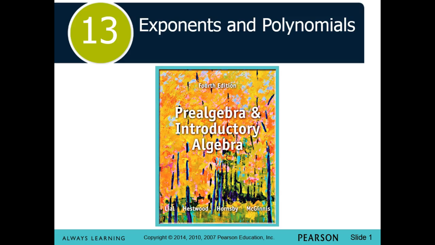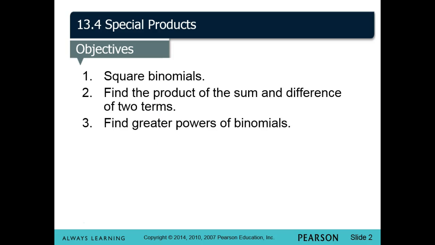Okay, we've been talking about the chapter titled Exponents and Polynomials, chapter 13, and 13.4 is going to be special topics. We're going to look at 3 of these: square binomials, that means, no, not like that; finding the product of the sum and the difference of 2 terms; and finding greater powers of binomials.